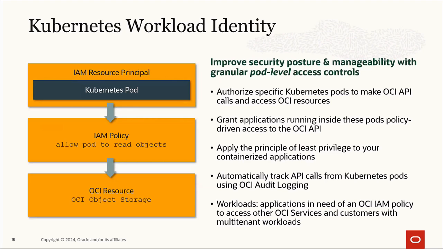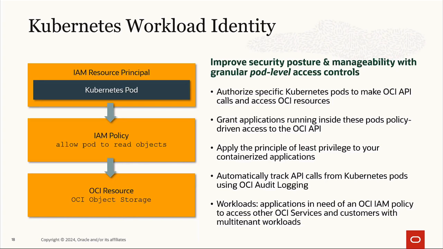With Kubernetes, we want more fine-grained control. We only want a specific pod to be able to interact with OCI services based on our application design. So we can provision a workload identity, which essentially authorizes specific pods in our cluster with fine-grained access control to access the resources that they might need to interact with in the cloud.